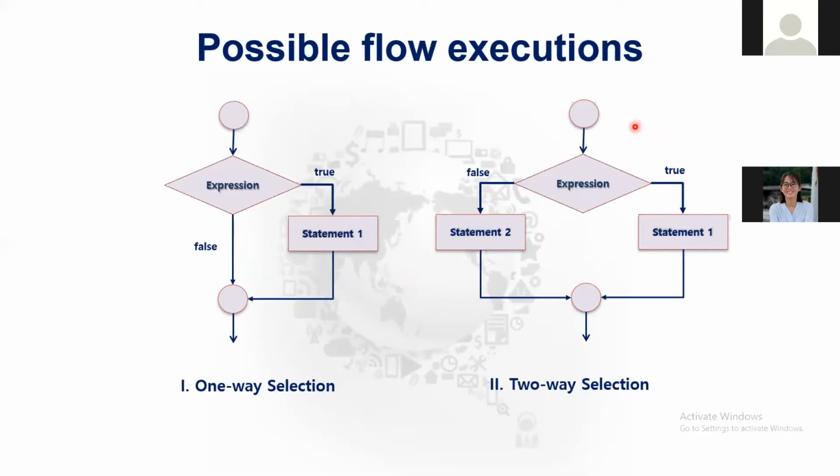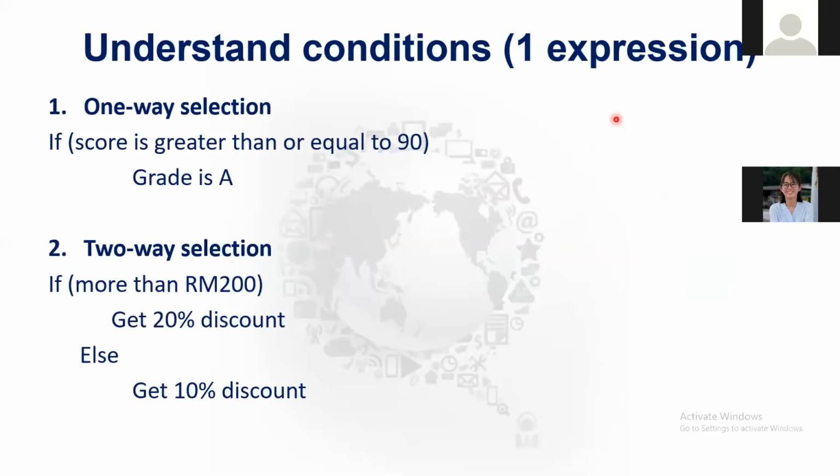How you design it depends on the programmer. If you are interested in becoming a programmer, you have to decide how to design it. For example, here is one-way selection. Let's say this is the scenario or the condition that you give.